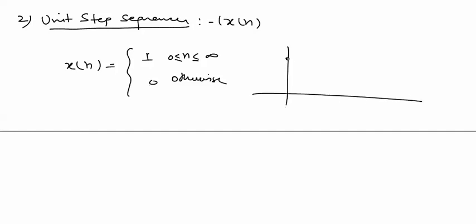Graphical representation: the sequence starts at 0 location up to infinity, and the magnitude is constant throughout the length. This is the unit step sequence.